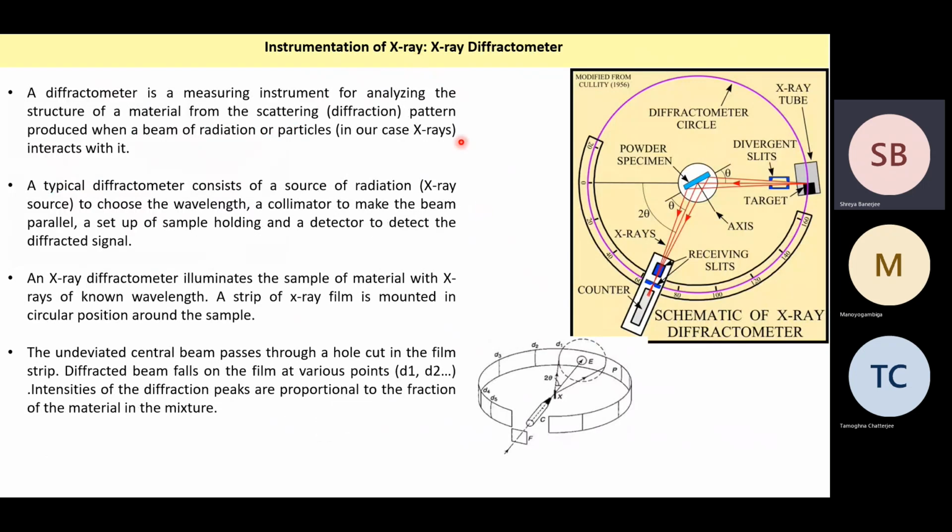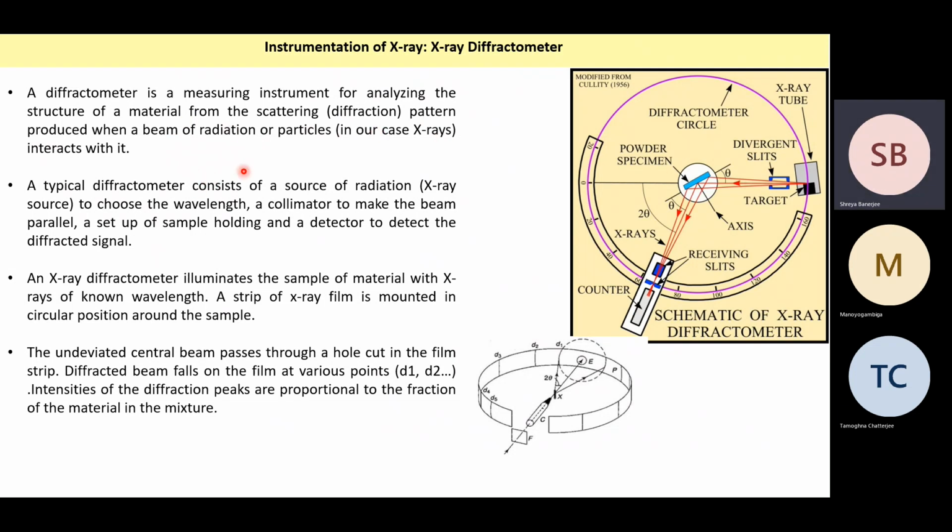So we have studied separately the different parts of the instrumentation. Now we will look at the net picture of the X-ray diffractometer. A diffractometer is a measuring instrument for analyzing the structure of a material from a scattering pattern produced when a beam of radiation or particles, in our case X-rays, interacts with it.